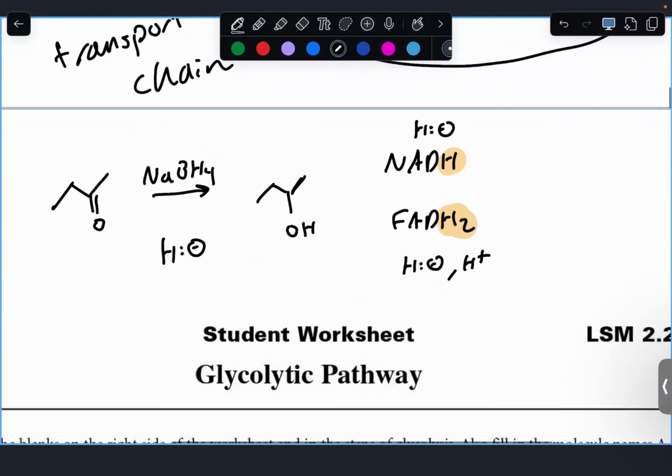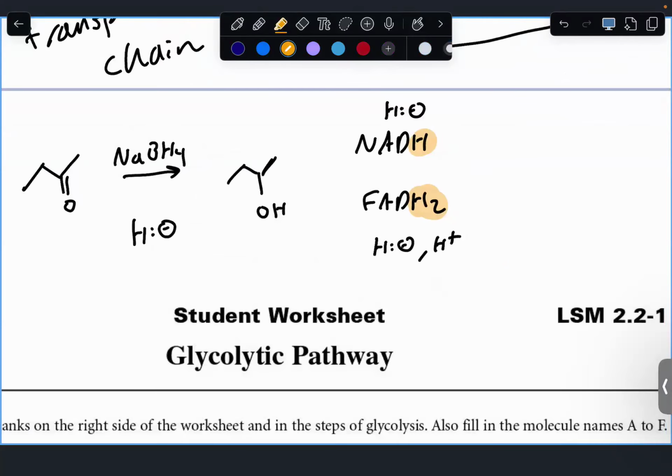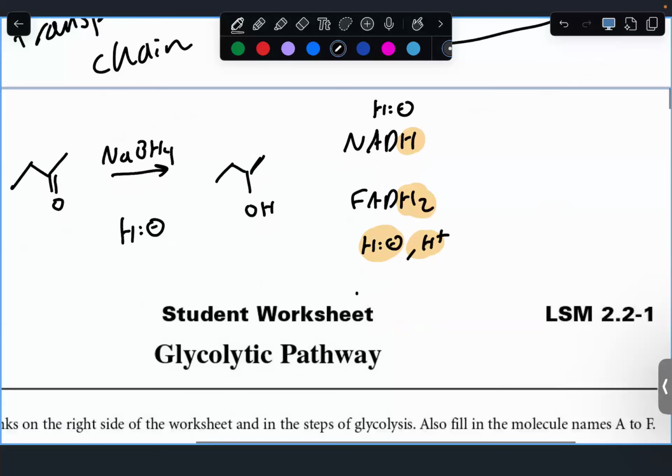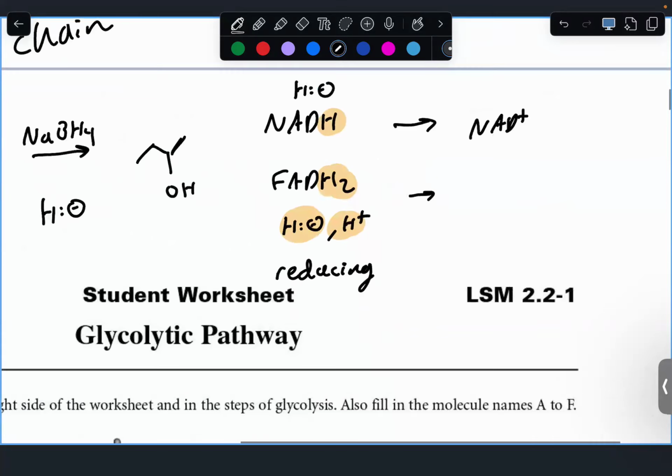And you remember that hydride is what did the reducing. So always know that your reagent with the hydride is the reducing agent. And then the counterpart, NAD plus and FAD, no plus, that will be your oxidizing reagent.